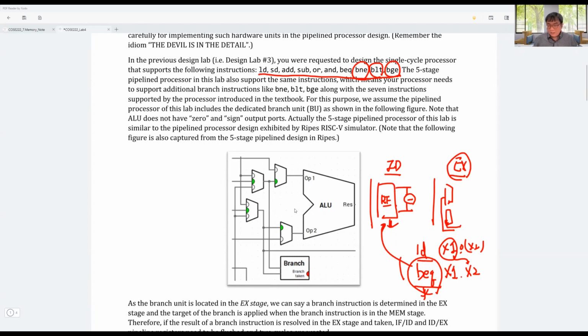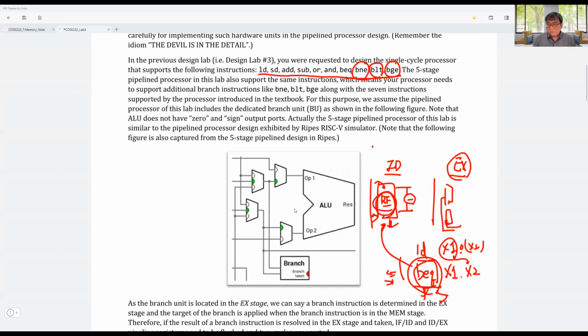That means if the next instruction is BEQ and the former instruction is any arithmetic instruction or load instruction, then this BEQ needs to be stalled in the ID stage, because BEQ can only receive operands from the register file. Until the result is written back to the register file, the BEQ needs to be stalled in the ID stage. So that's the problem of the 5-stage pipeline processor architecture introduced in the textbook.